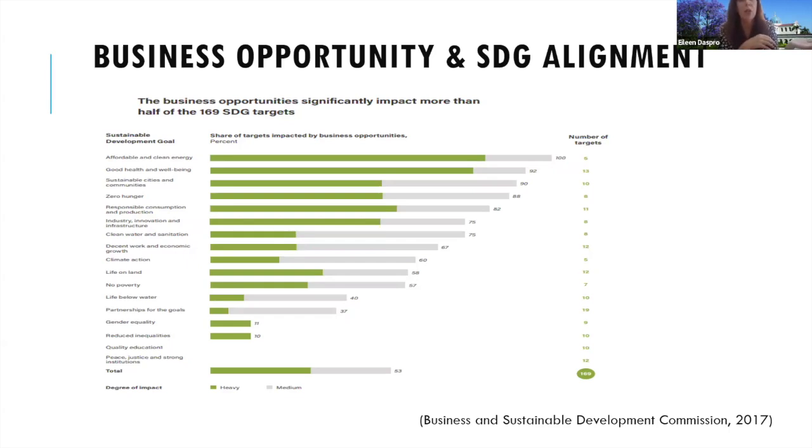There was significant overlap between the business opportunities and the proposed SDG targets. So this notion that through the United Nations Sustainable Development Goals we could create shared value, and there's an opportunity to both create economic value as well as promote sustainability, was realistic. Okay, so just again justifying the role of business in sustainability strategy.